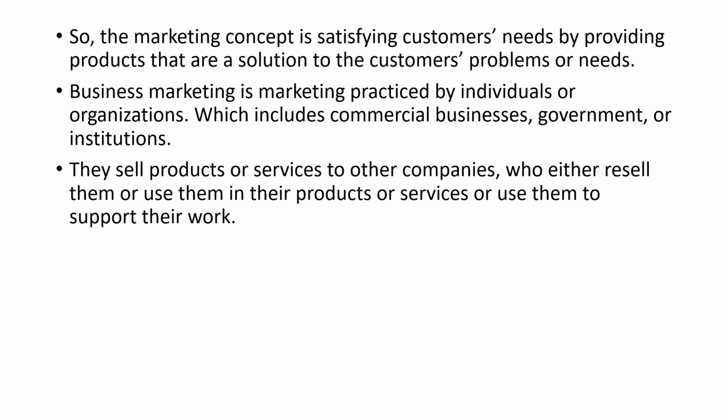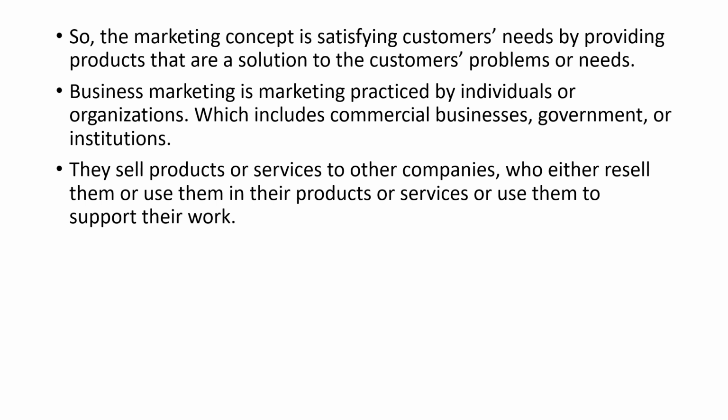Business marketing can be done by individuals, or by organizations, which can be commercial businesses, government departments, or institutions. They get industrial products and services from other companies, and they may either resell them to other companies, use them in their own production of their own products, or use them as support to their operations.